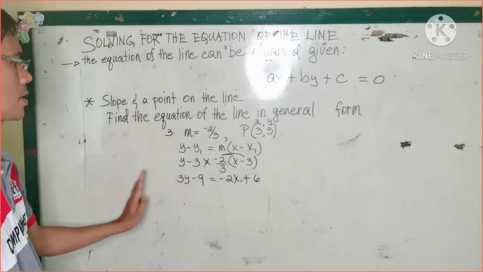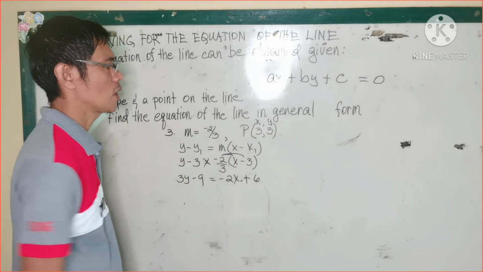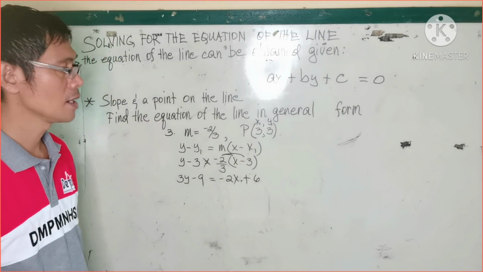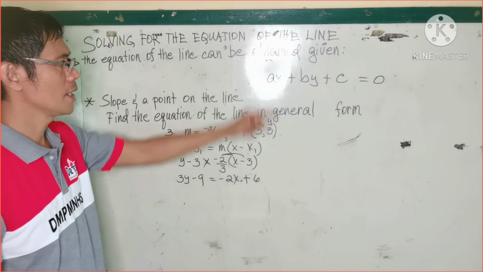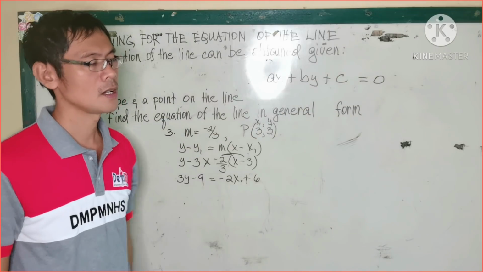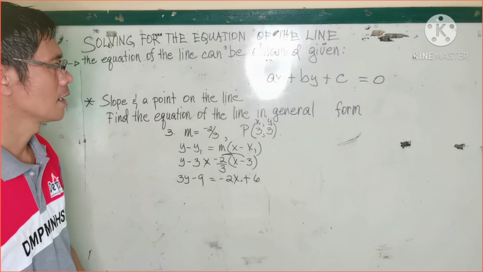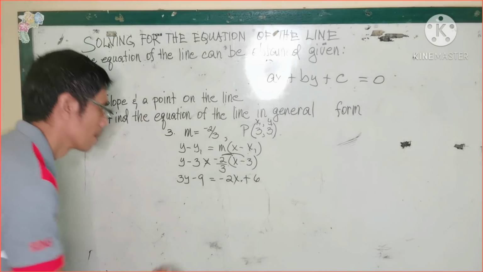So transposing all the terms here, since we are going to express our answer in general form, that is ax plus by plus c equals 0, or all the terms are placed in the left side of the equation.